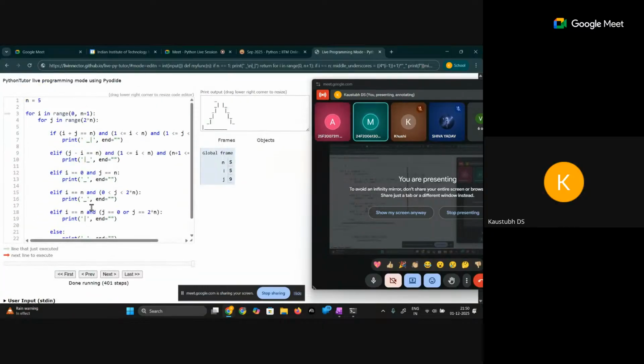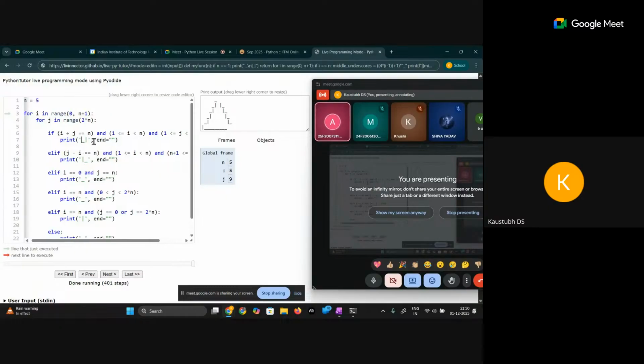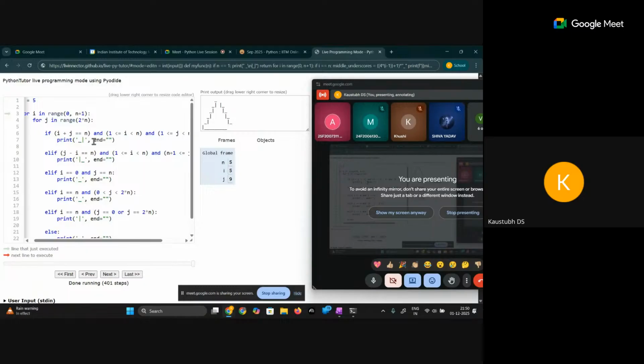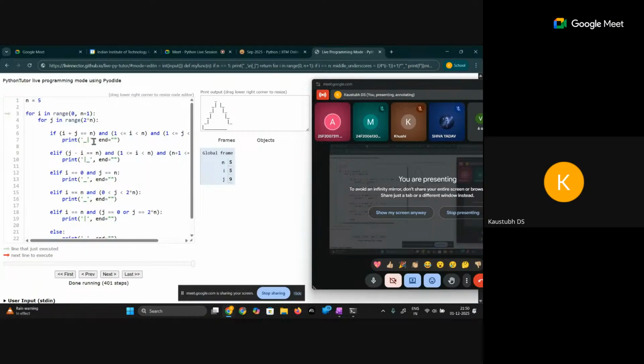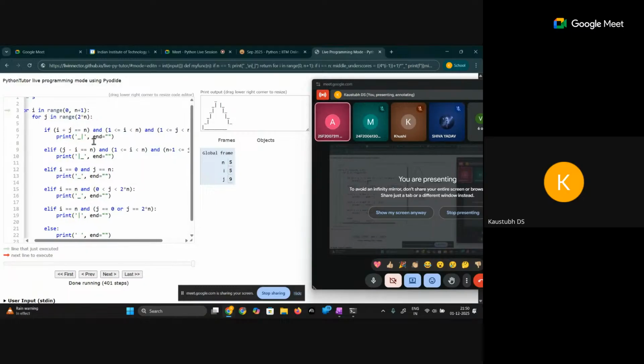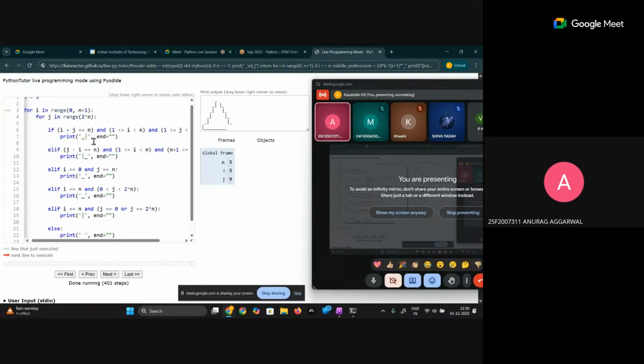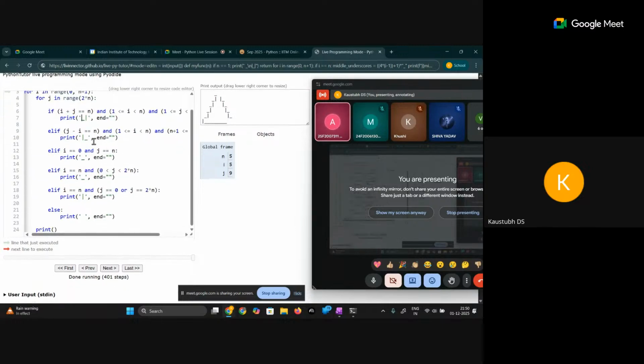No, that did not do it. Okay, so how are you printing the spaces here? Let's print space.